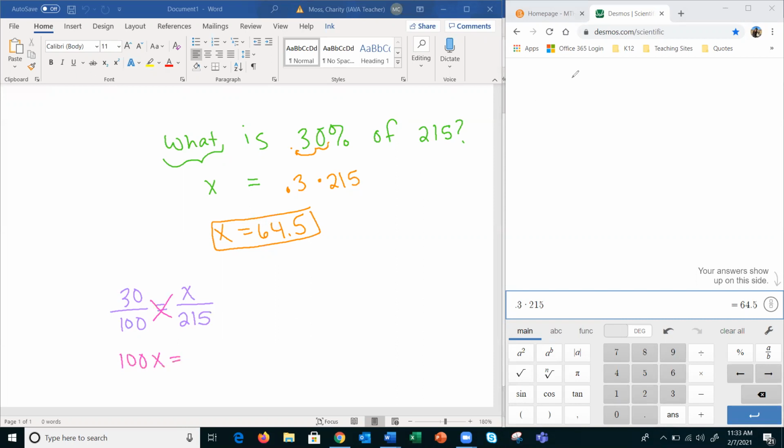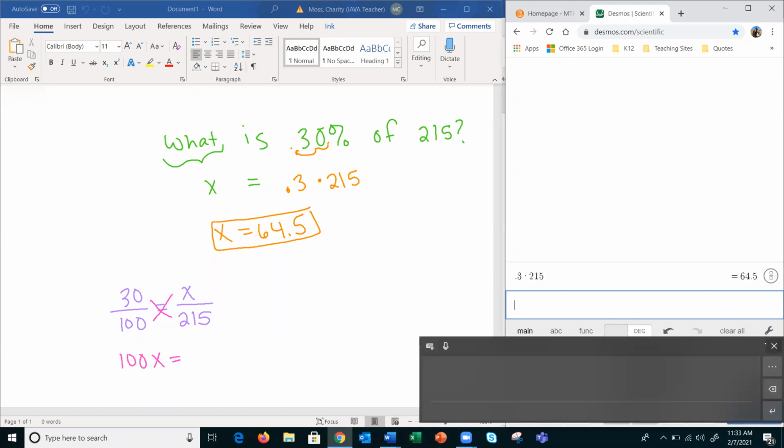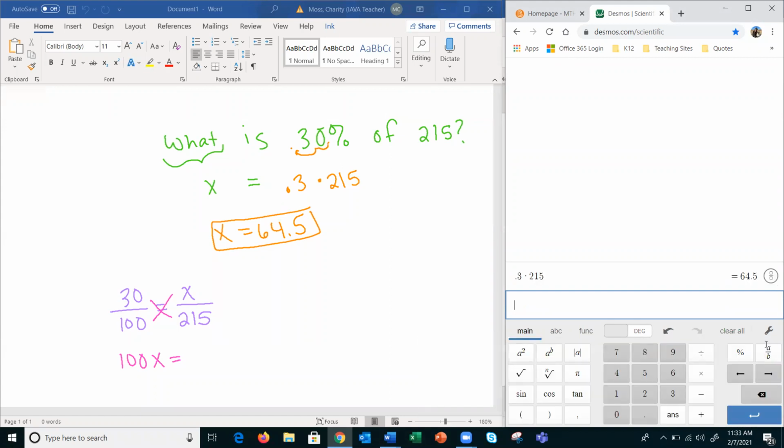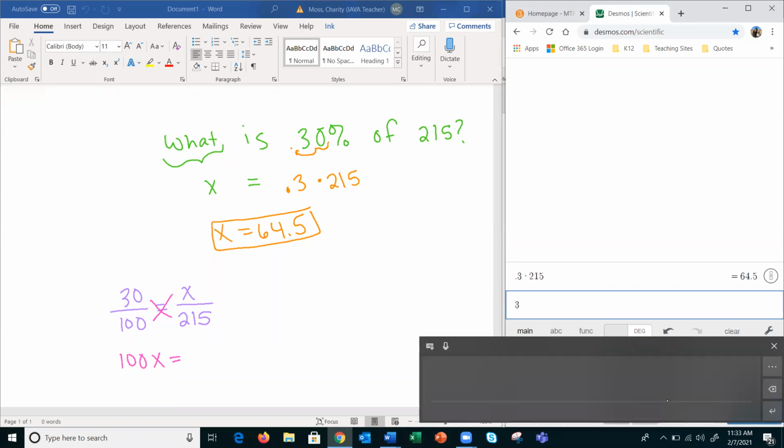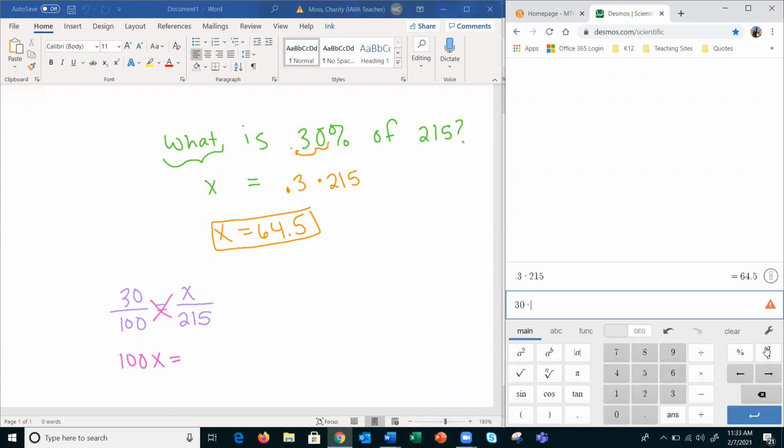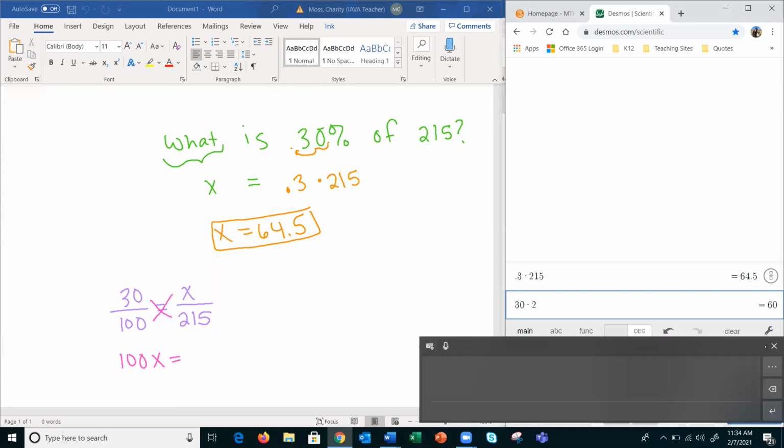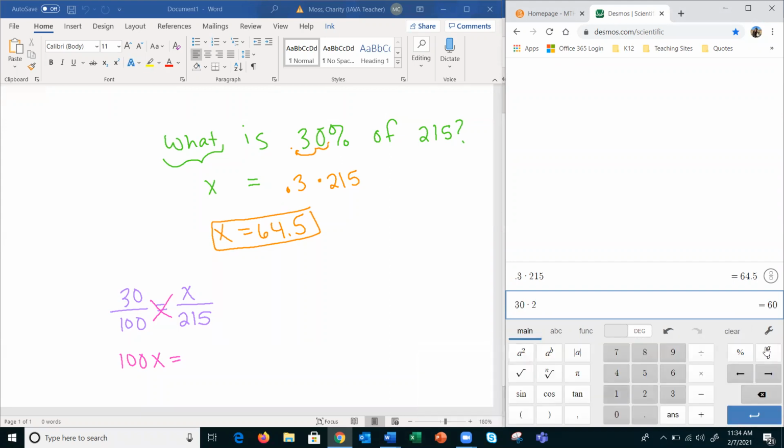and again, you can come over to your calculator. It's going to be 6450, just because I know. You guys will get the hang of it too. I'm not really sure why that keeps popping up. That's okay. 30 times 215. I'm going to let you do your own calculator from here on out because that's annoying.